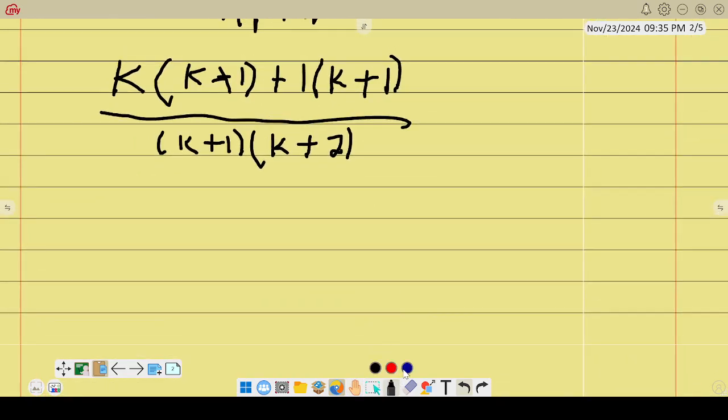So at this point now we can get the like terms, or we can get our factors.